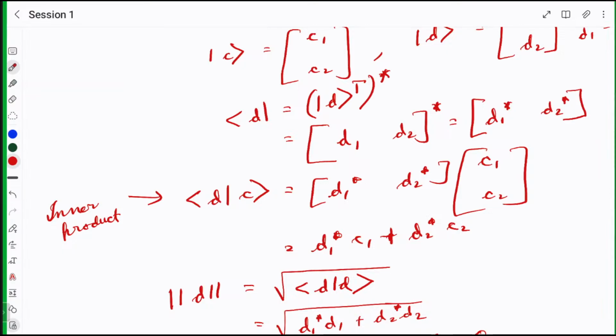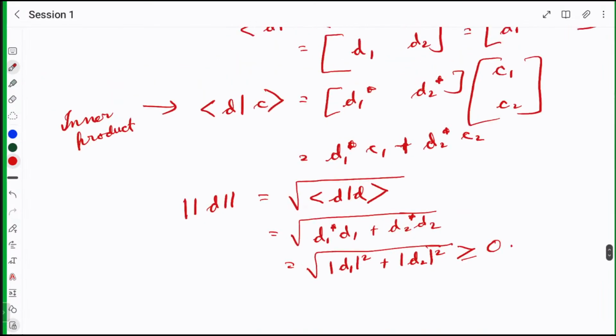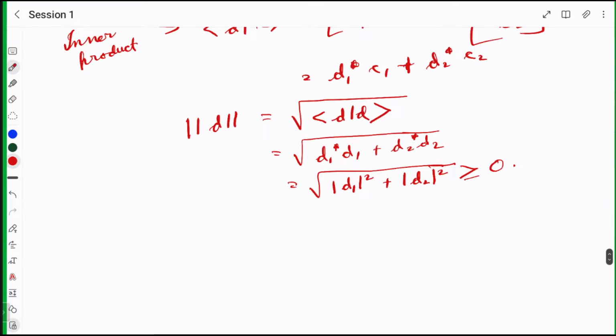So inner product is more general than the dot product. It does not have a specific definition. It can vary from space to space, and you can define it in your own ways as long as it follows certain rules. And maybe next day we will talk about those rules.